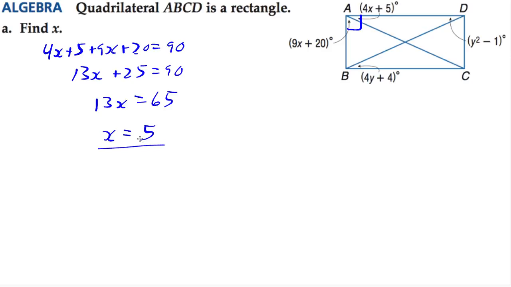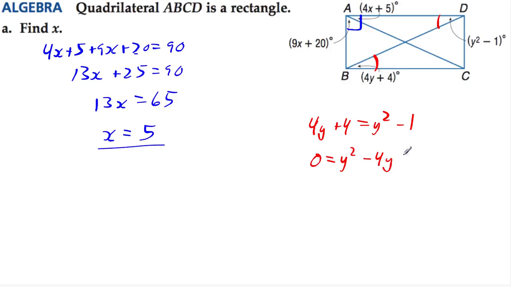What about y? Well, if we wanted to find y, what type of angles are these? Oh, they're alternate interior angles. So we know that 4y plus 4 is equal to y squared minus 1. This makes it a quadratic. So to solve a quadratic, we have to move everything over to one side.